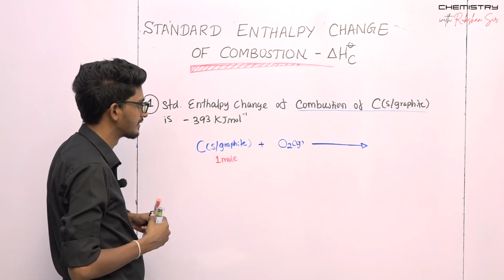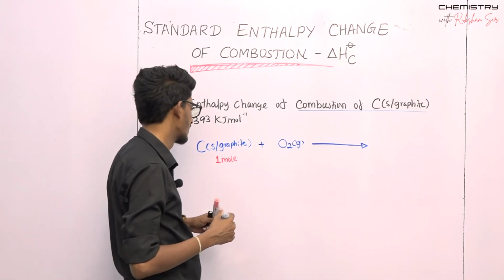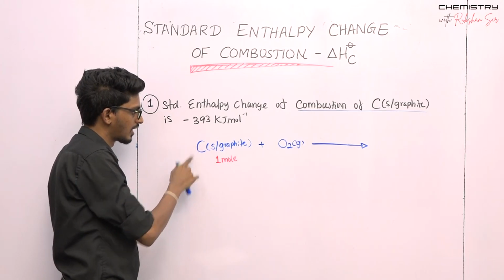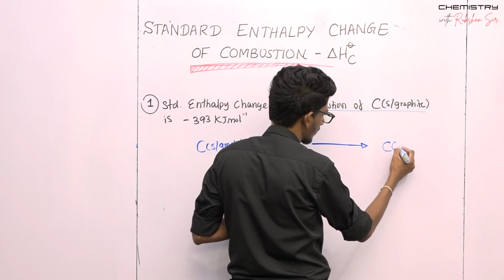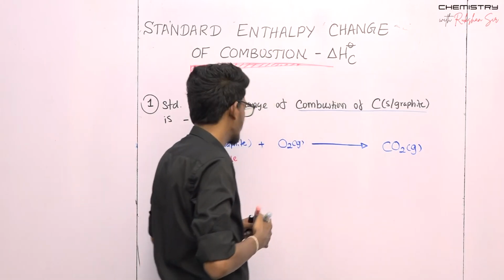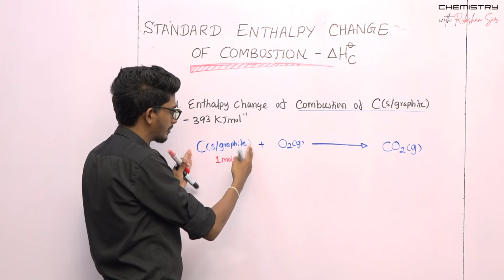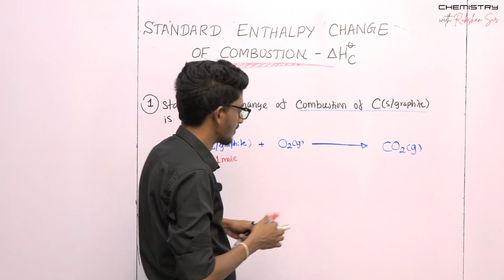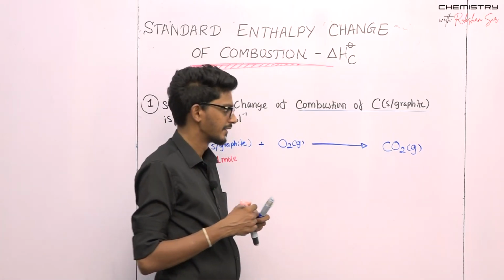What are the products at the standard state? The respective oxides. The most stable oxide of carbon is CO2. So you are supposed to come up with the most stable oxides of the atoms of the 1 mole species you are considering.